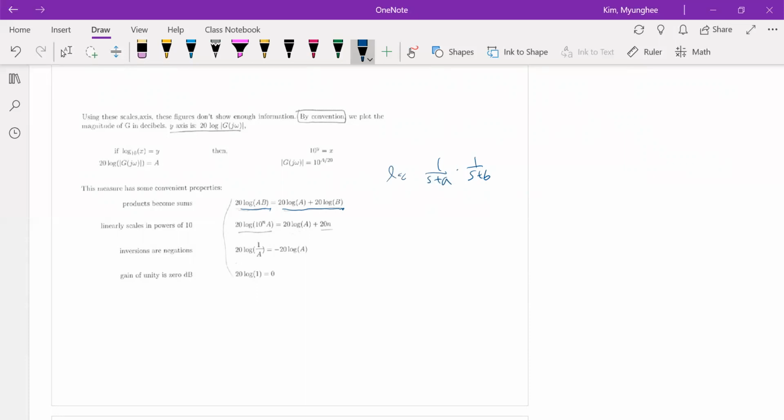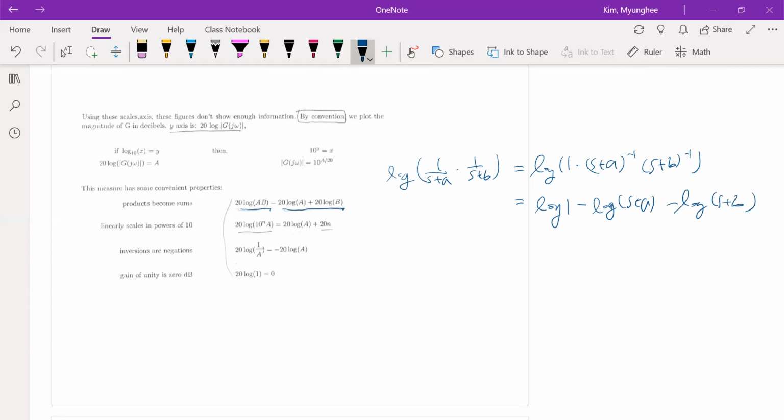If you take a log, then it'll be log 1 times s plus a inverse and s plus b inverse. So it means that it becomes log 1 minus log s plus a minus log s plus b. So all of a sudden, all the multiplication becomes simple addition and subtraction. So it's one of the main reasons that I like the log plot.